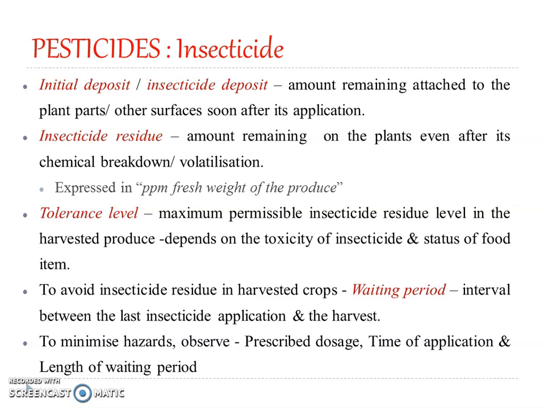To reduce the insecticide residue in the harvest or in the produce, the agriculture scientists have suggested that we restrict the insecticide application well before the harvesting season. That time period between the last application of insecticides and the harvest time is known as the waiting period. In this way the insecticide residue in the harvested crops can be highly reduced.